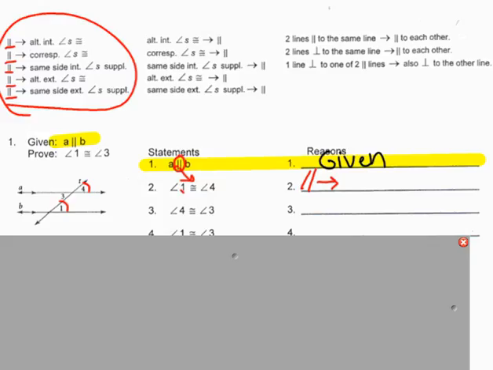So that's what we did at the beginning of the chapter, where you had to decide if they're corresponding, alternate interior, alternate exterior, same side interior, same side exterior. They're also listed at the top of your note sheet. Here we have 1 and 4 are in corresponding positions. So I'm going to use that reason that I just circled, parallel then corresponding angles congruent.